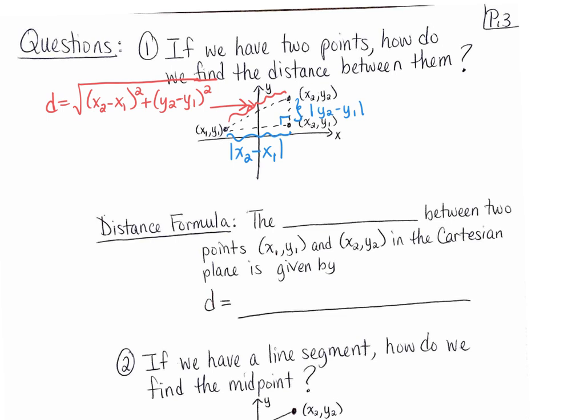That's the distance formula. So, definition: the distance between 2 points (x sub 1, y sub 1) and (x sub 2, y sub 2) in the Cartesian plane is given by D equals the square root of the quantity x sub 2 minus x sub 1 squared plus the quantity y sub 2 minus y sub 1 squared.